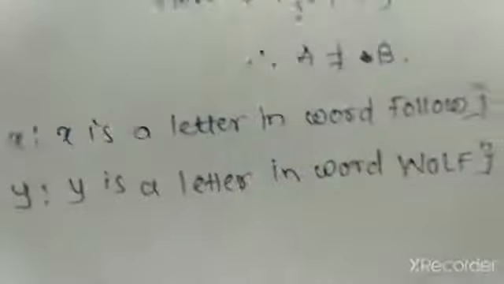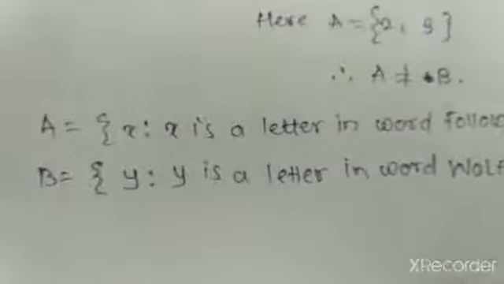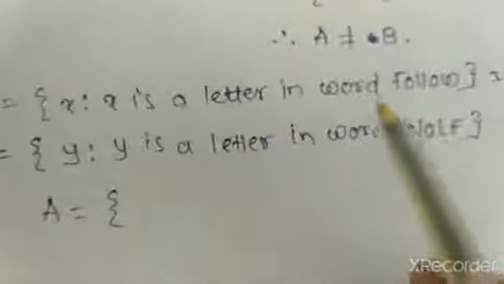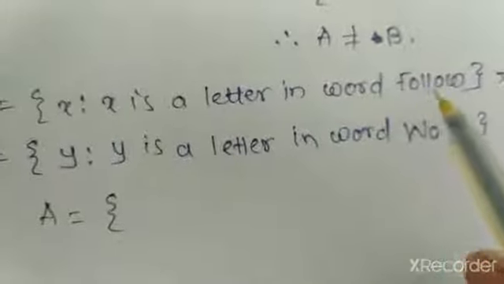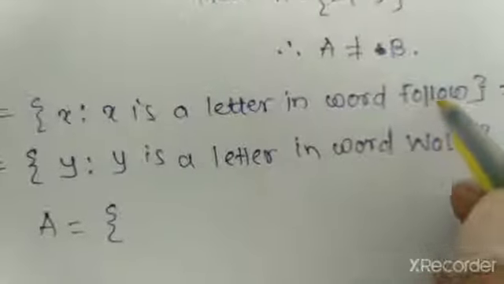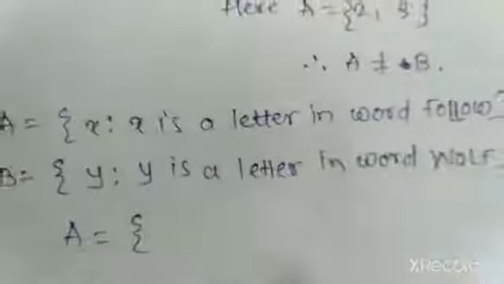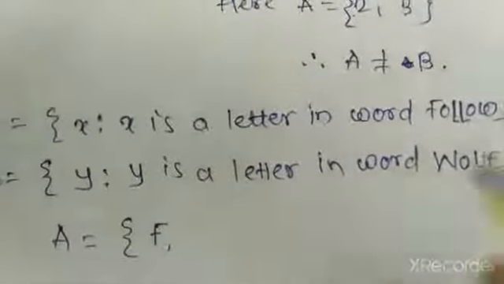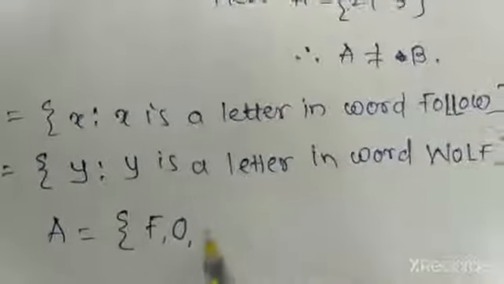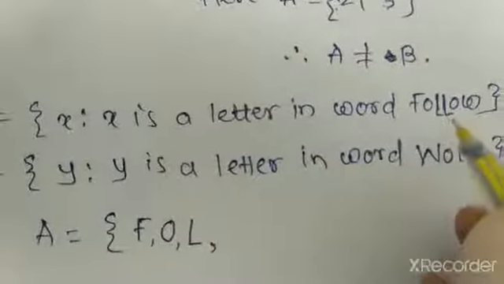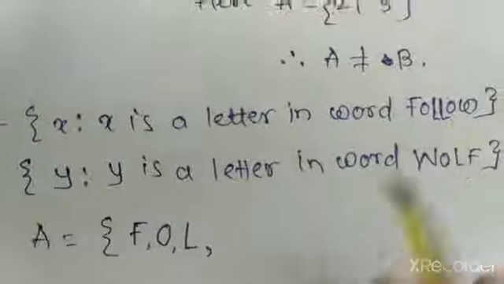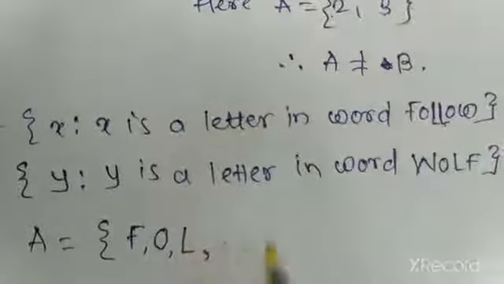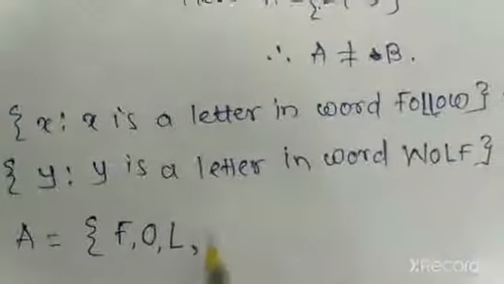Now A can be written as: x is a letter in the word FOLLOW. The letters in set A: first letter is F, next O, next L, again L. We do not repeat an element in a set, so L is written once. O is also repeated here, and last is W.